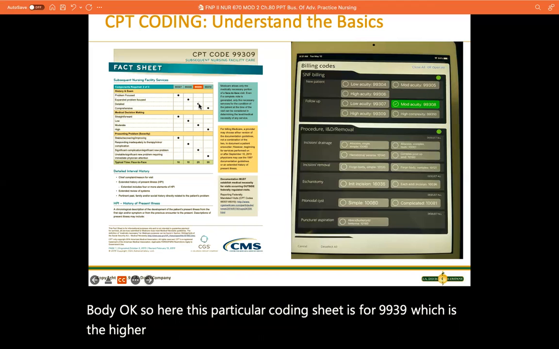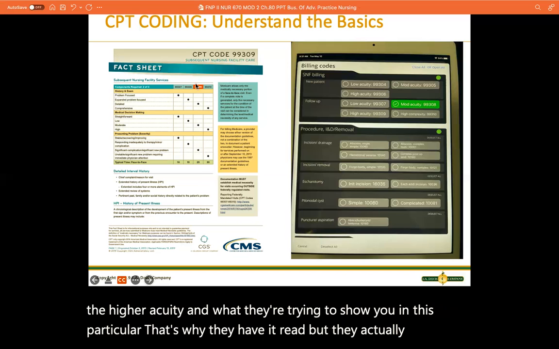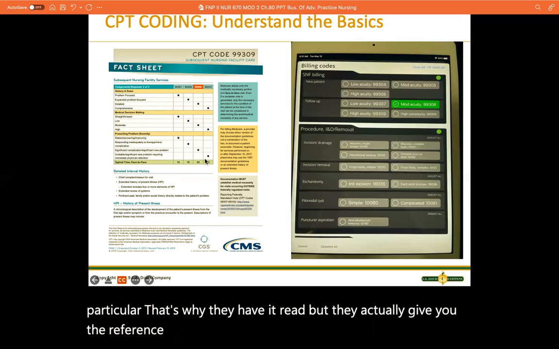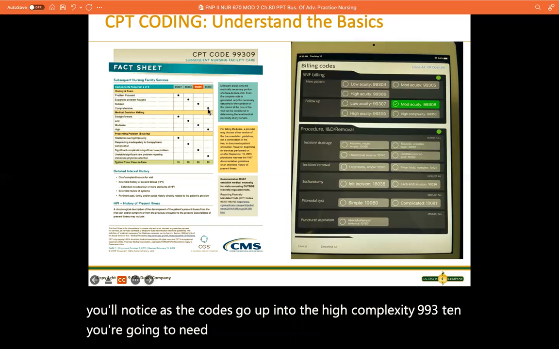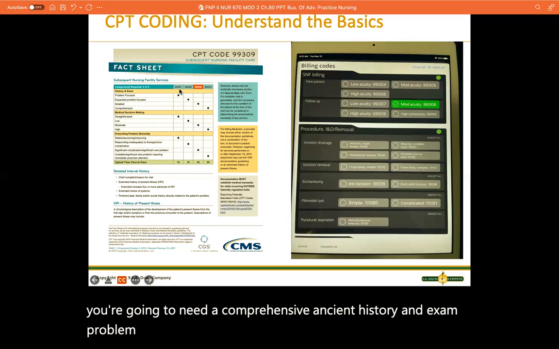And what they're trying to show you in this particular, that's why they have it red, but they actually give you the reference for each one in terms of what is expected. And as you'll notice, as the codes go up into the high complexity 99310, you're going to need a comprehensive history and exam. Problem focused just for a low acuity.